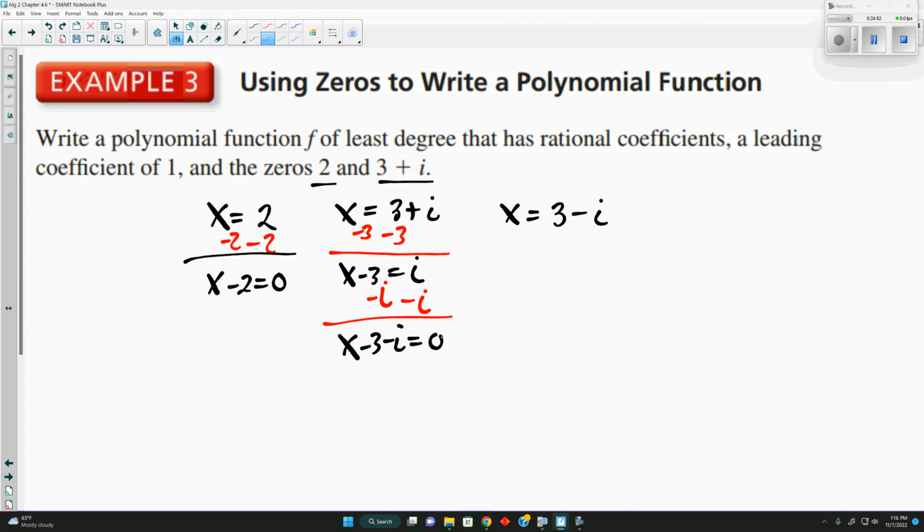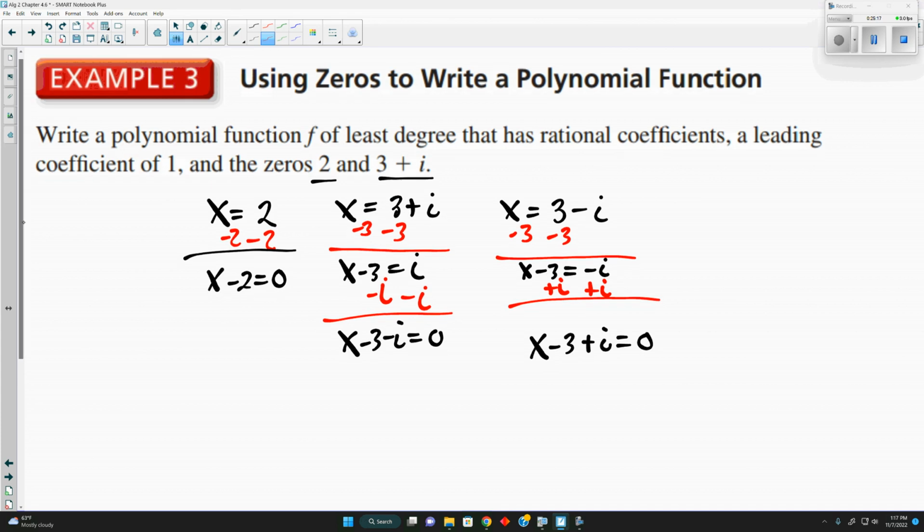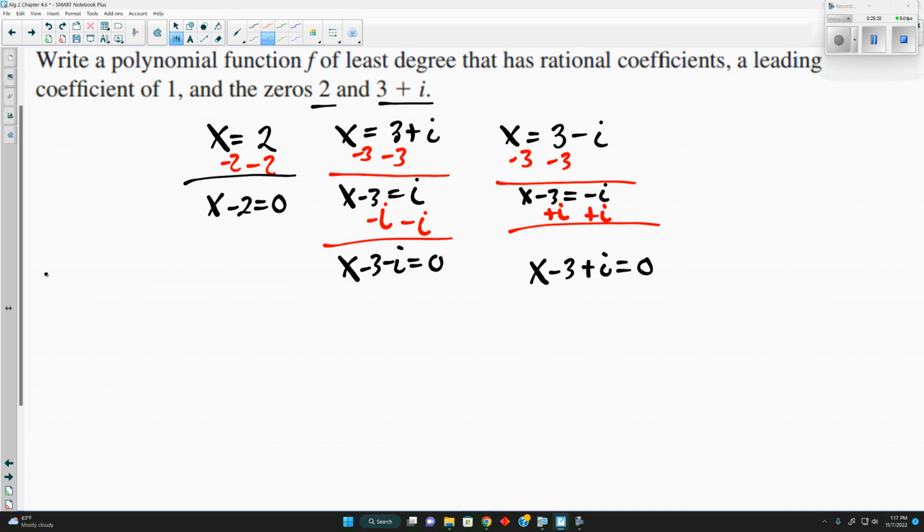So the only thing that's different is that i is in here. It's just going to be plus i, because the one before was positive i on the right side, so the signs are just going to change. And if we did this step by step, subtracting 3, it's the same thing. Or we can do the little shortcut I showed you a minute ago. Both work. One's way faster than the other. We're really just using the opposite sign to move it over.